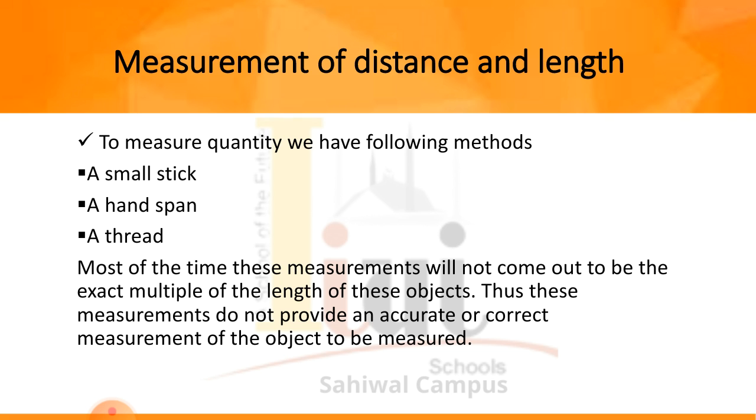One will obtain different results when different people measure the same length. So if different people are measuring a table with their handspan, the handspan of different people can be of variable size. So the multiple of length can be variable. So this is not a standard unit to measure a quantity.